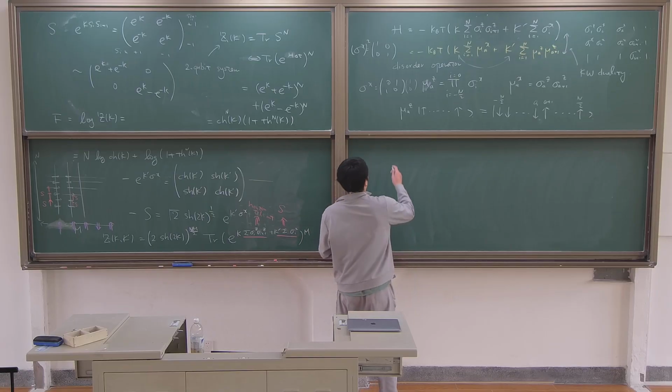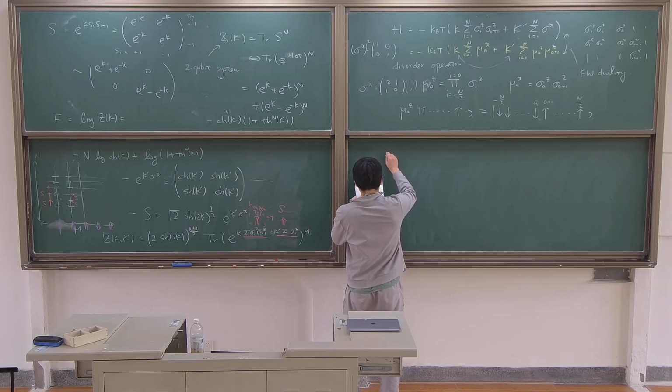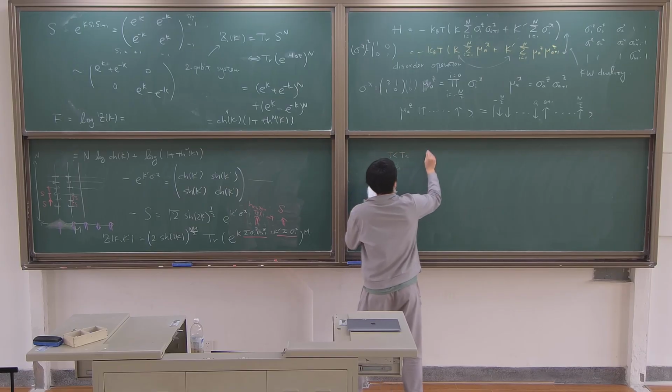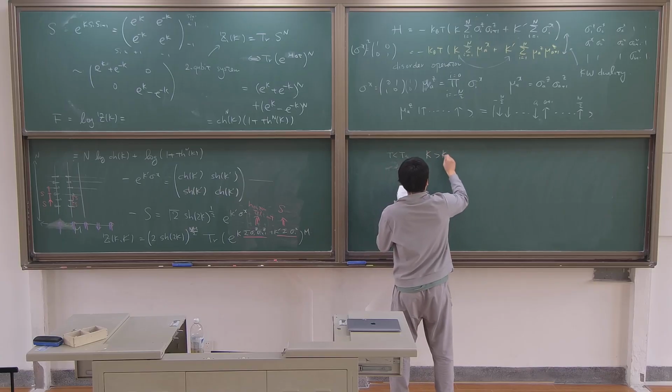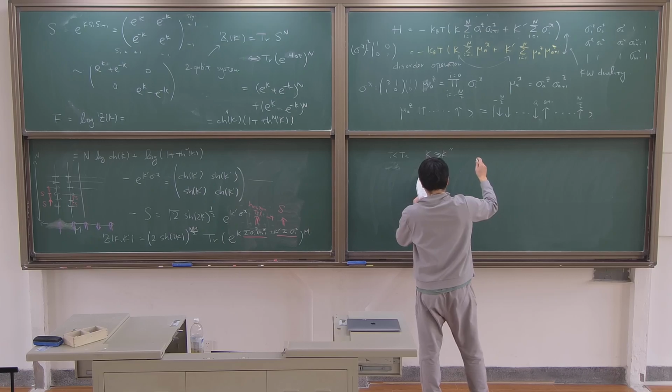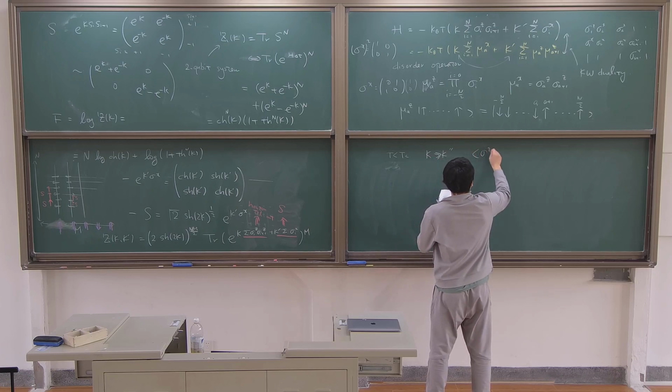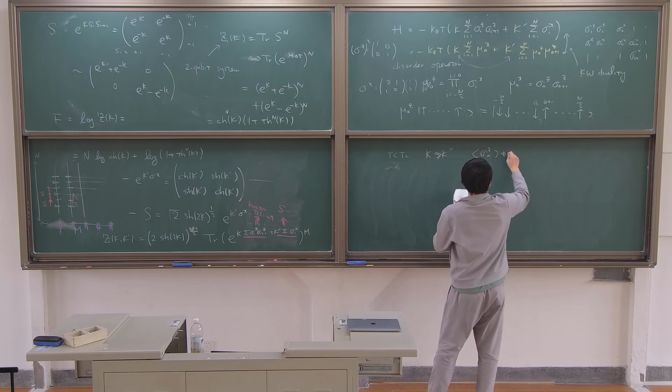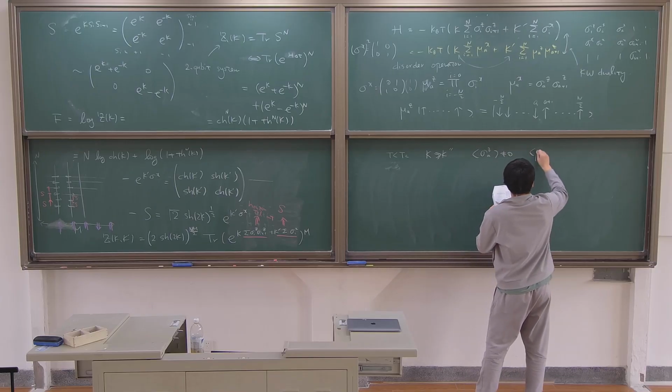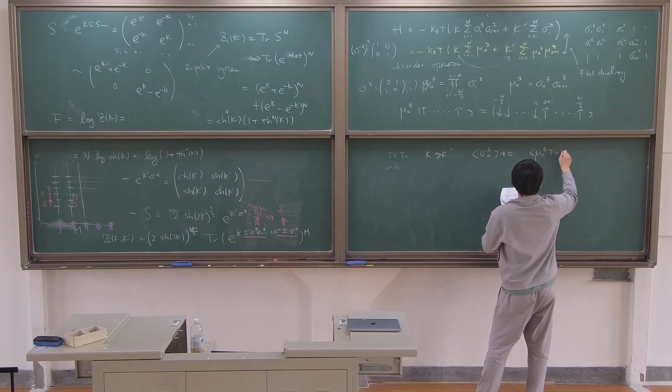In the case of low temperature, T less than Tc, the sigma will take an expectation value, and the disorder operator is 0.